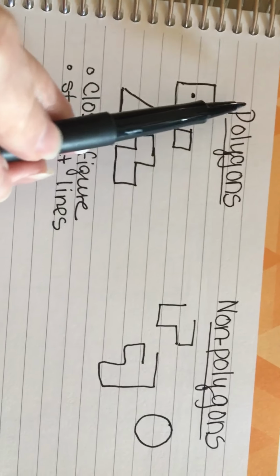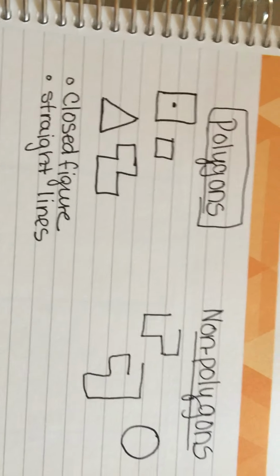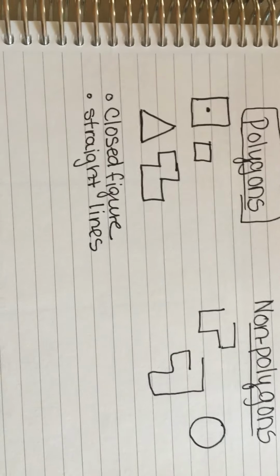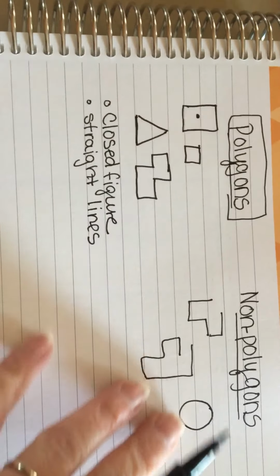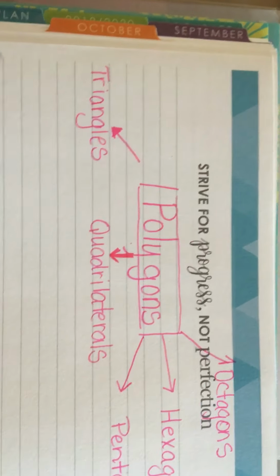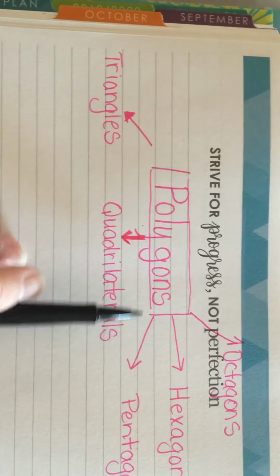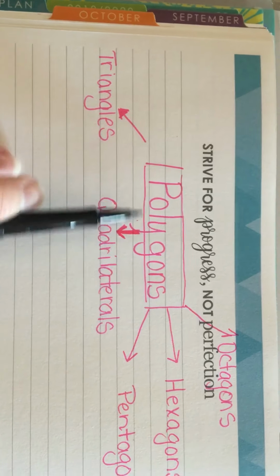Our big picture is we're going to be looking at all types of polygons and focusing in on a few. Okay? I have to turn my page here, so give me a second. When we talk about polygons, we know there are several different ones. Polygons is my big title, meaning all closed shapes with straight lines.